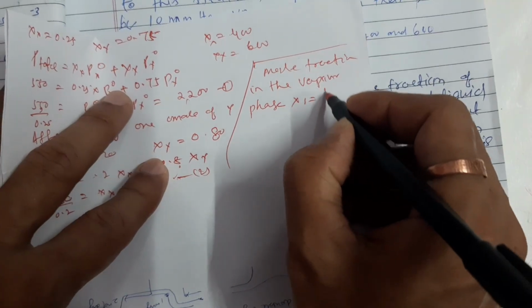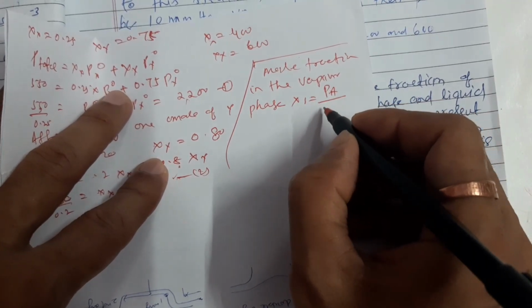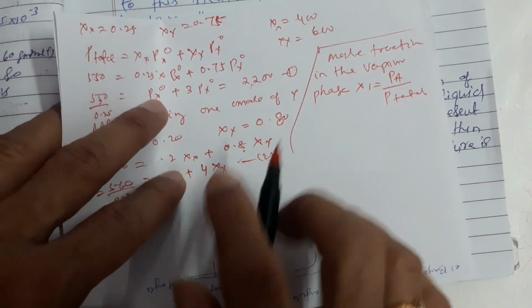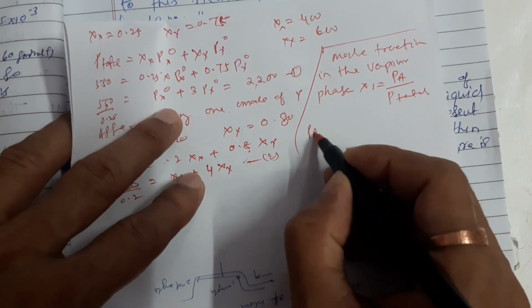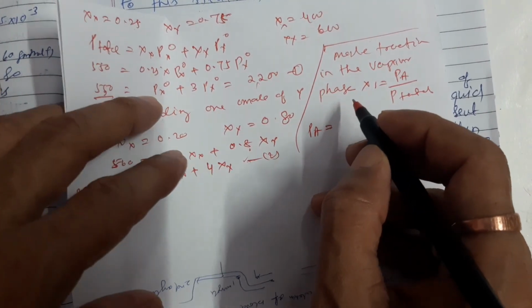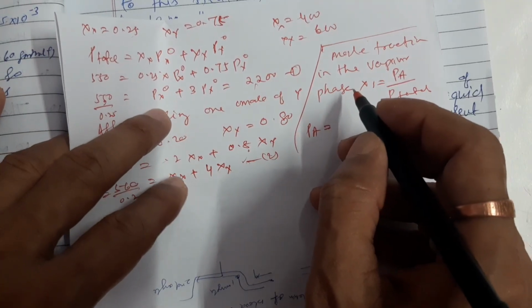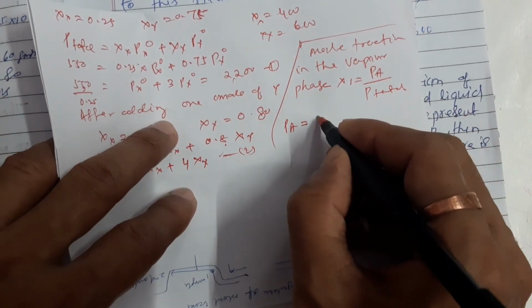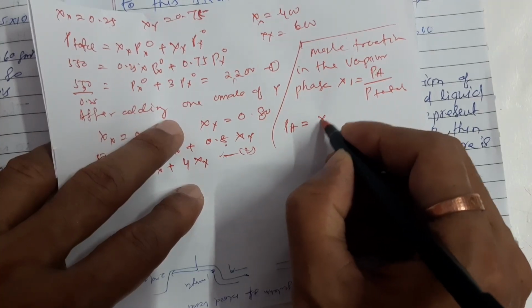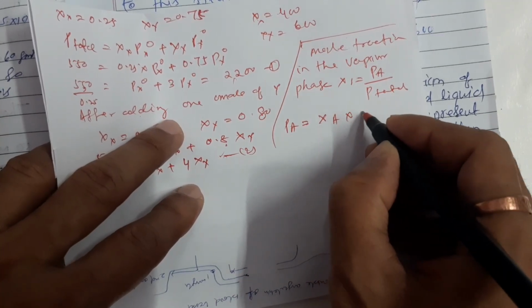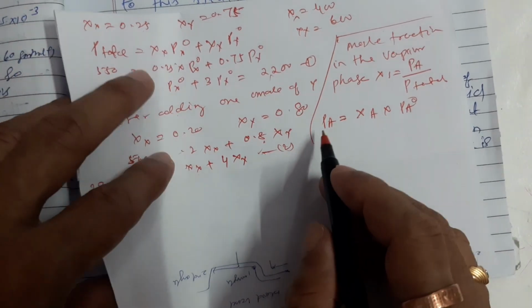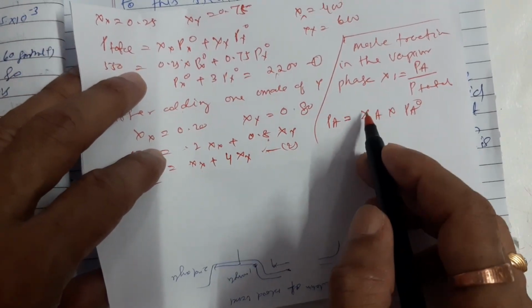x1 is equal to PA, the partial pressure, divided by P total. But PA is equal to XA multiplied by PA0, and this comes from Raoult's law.